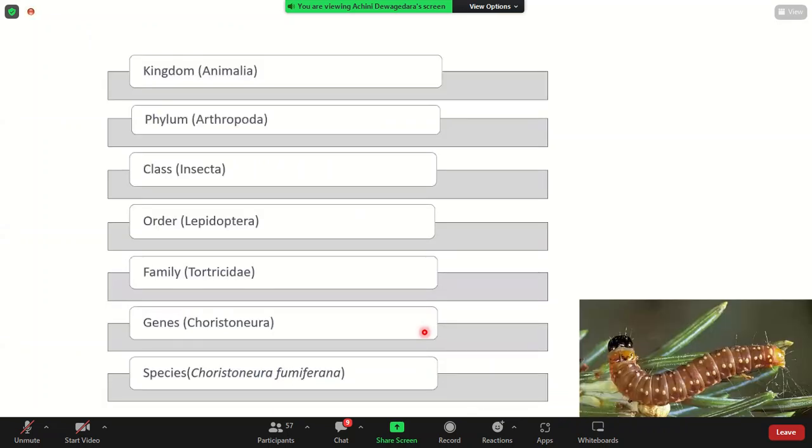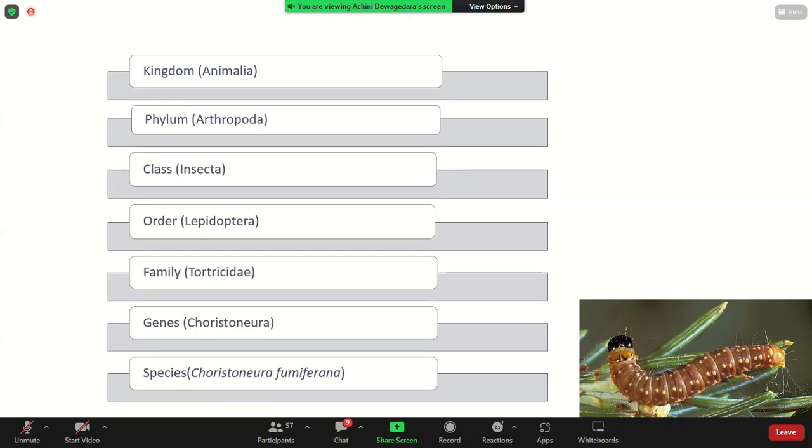Here one was given, order Lepidoptera. Do you know any other orders? I think you have learned them if you have done A-level biology. Lepidoptera, and other orders. Nobody knows?